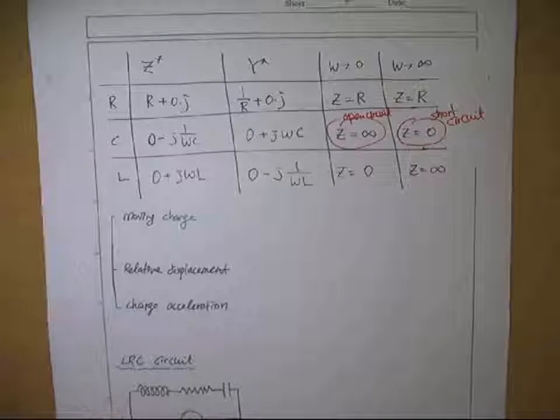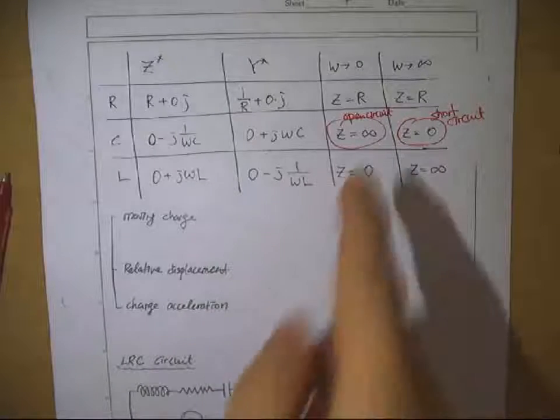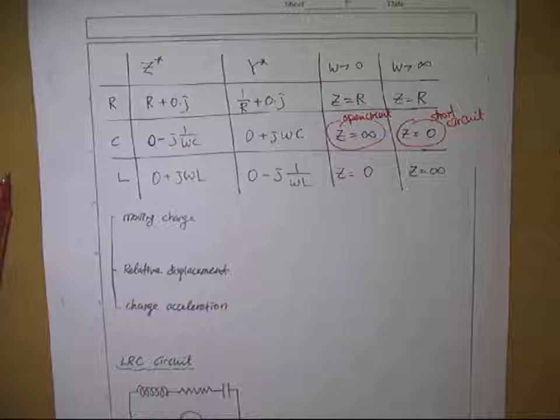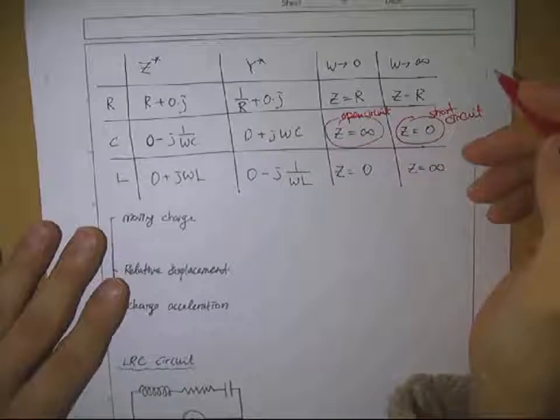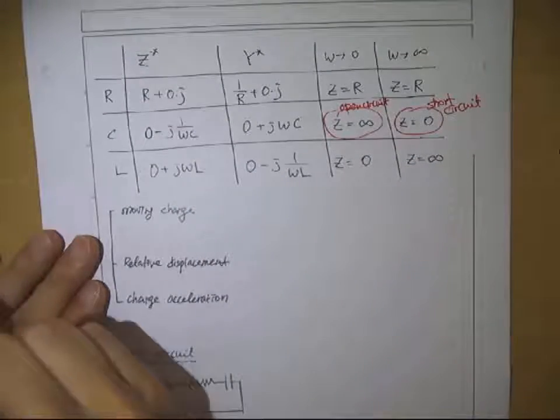Short circuit and open circuit means that, let's say you have two electrodes and a material inside. Without the material, if you just connect it like this, then this is the short circuit. And if you just break it apart and you don't have any conductor inside, then this is the open circuit. Open circuit means that there's an infinite resistor, so there is no current flowing. And short circuit means that there is no resistance, so that the current can flow to infinity.